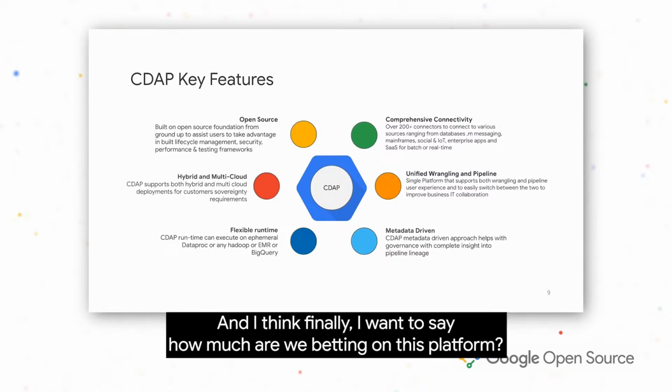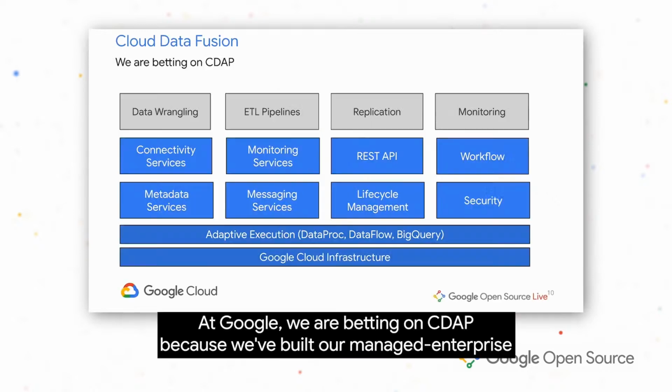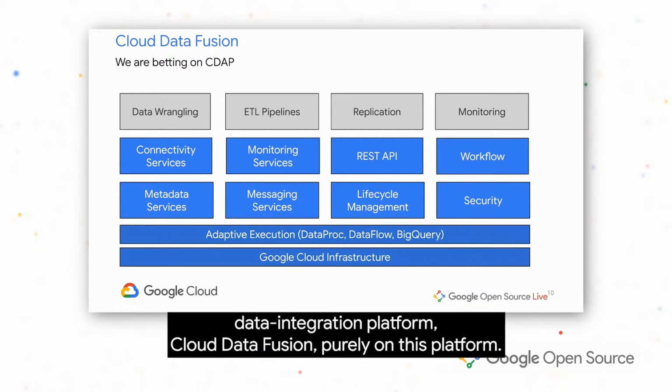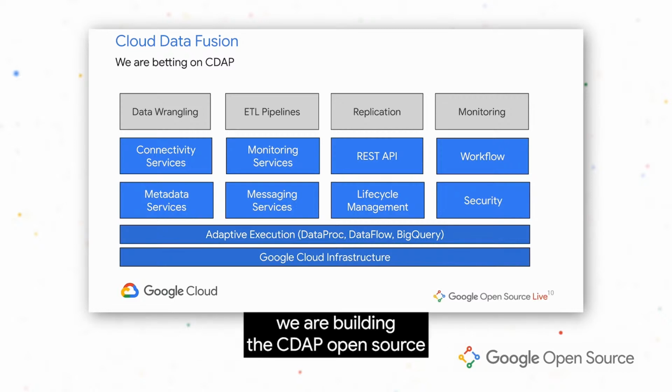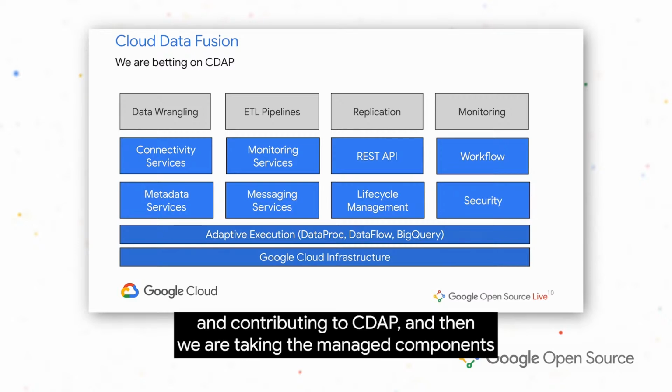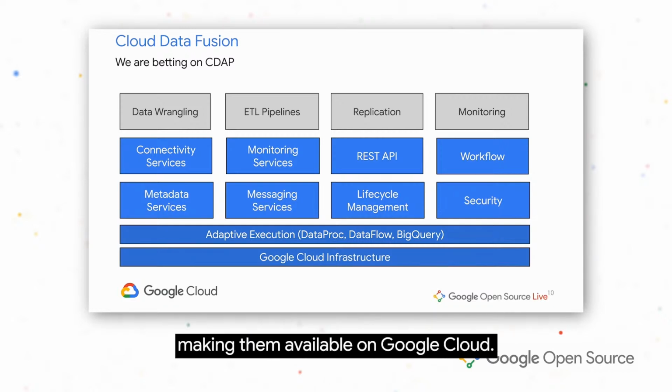Finally, how much are we betting on this platform? At Google, we are betting on CDAP because we built our managed enterprise data integration platform, Cloud Data Fusion, purely on it. We build CDAP open source and contribute to it, and then we take the managed components and make them available on Google Cloud.